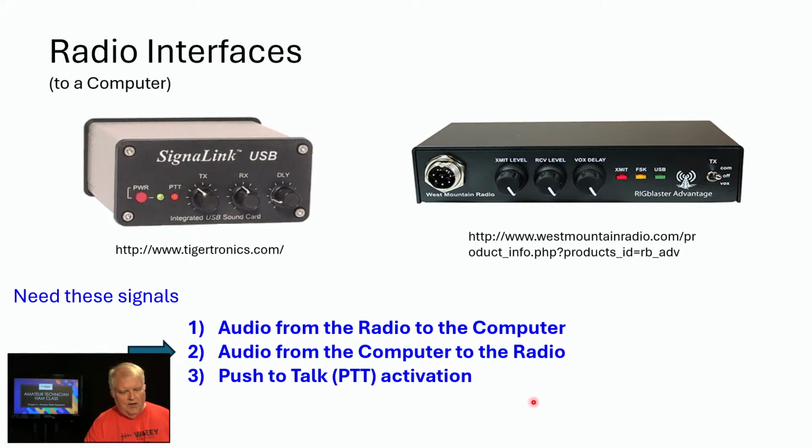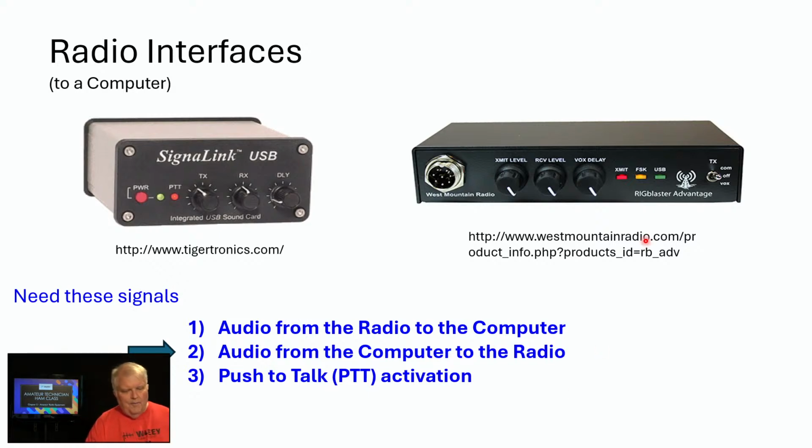For ham radio, we need these three signals. We need audio coming from the radio to the computer. That's for decoding, to understand what's coming back. And then audio from the computer to the radio. That's for coding our message out. And we need push-to-talk to tell the radio to go into the transmit mode at the times that we want it to do it.